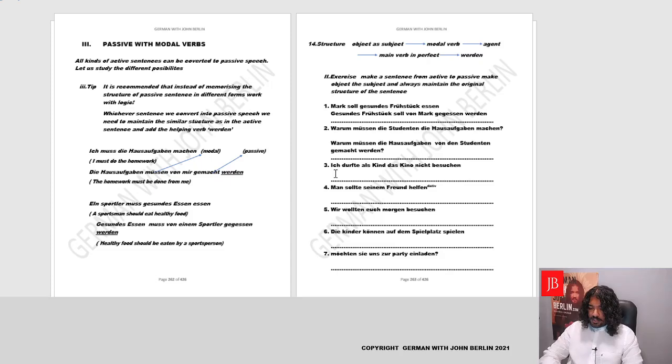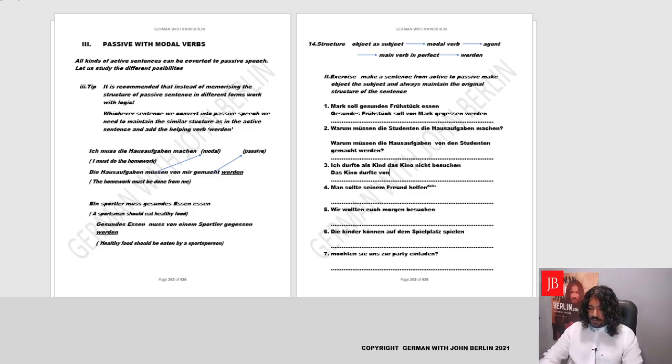So we'll begin with the object as subject, das Kino, and we'll maintain the structure. It's the verb dürfen, and it's written in the past. So we'll keep it dürfen, we'll conjugate for das Kino, and it'll again be dürfte. Third person singular. Das Kino dürfte, then the subject will be introduced as the agent, von mir.